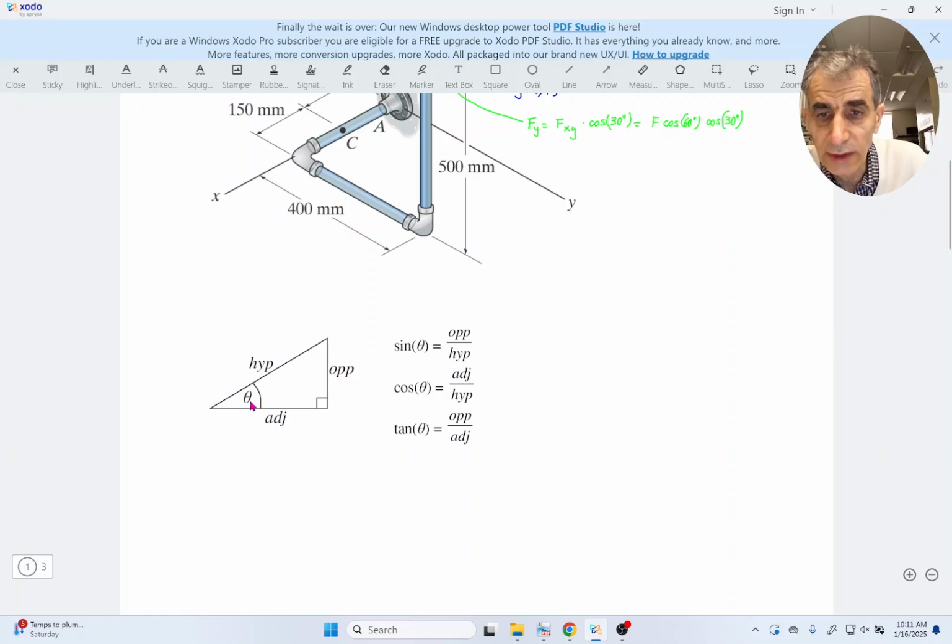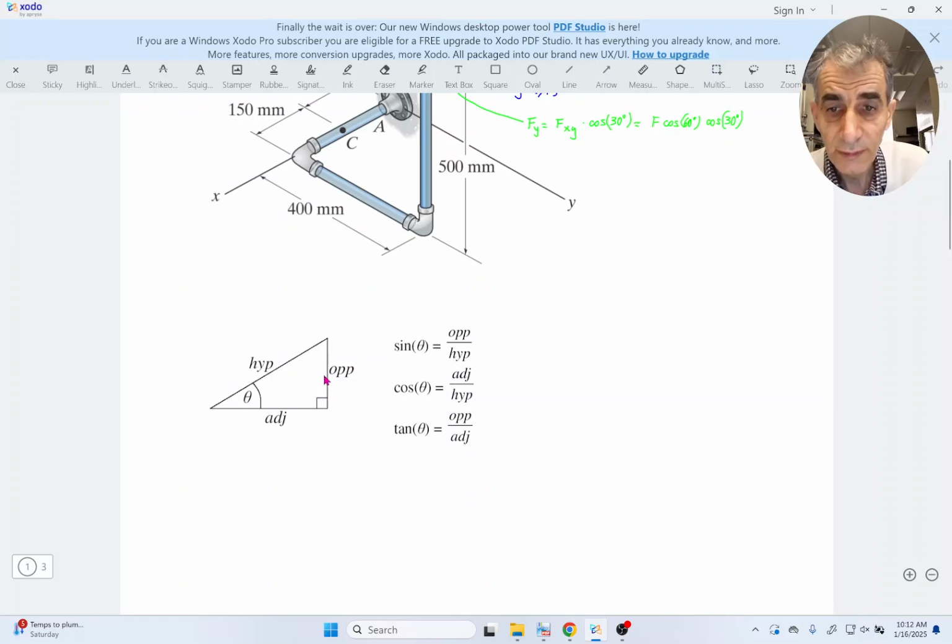Well, the trig functions sine and cosine have to do with this. So, for example, sine of theta, by definition, is the opposite leg divided by the hypotenuse. And the cosine is the adjacent leg right here divided by the hypotenuse. For the tangent, we eliminate the hypotenuse and have the opposite leg divided by the adjacent leg.